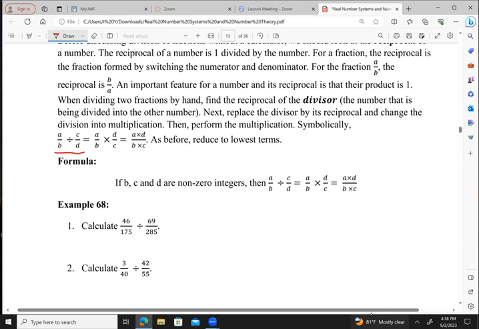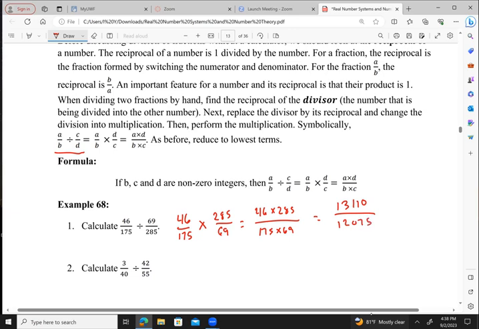So here I would simply keep my 46 over 175, change the division to multiplication, and take the reciprocal of the second term, and then just do the multiplication. 46 times 285 divided by 175 times 69. 46 times 285 is 13,110. 175 times 69 is 12,075.